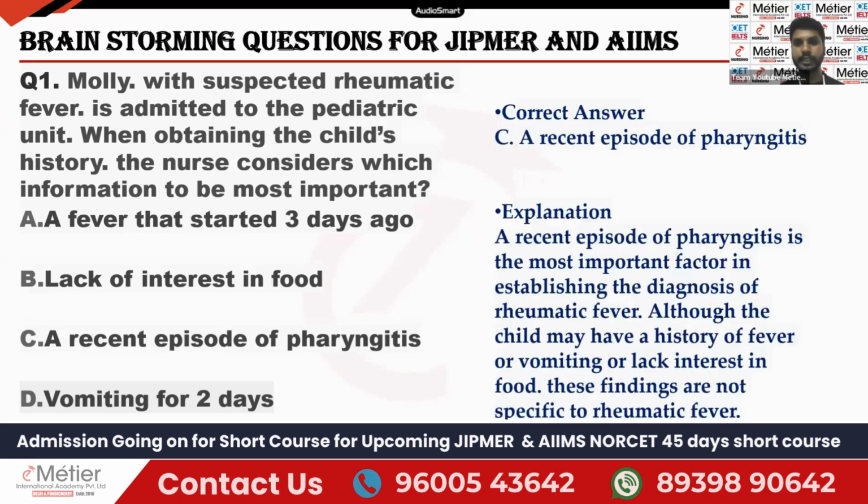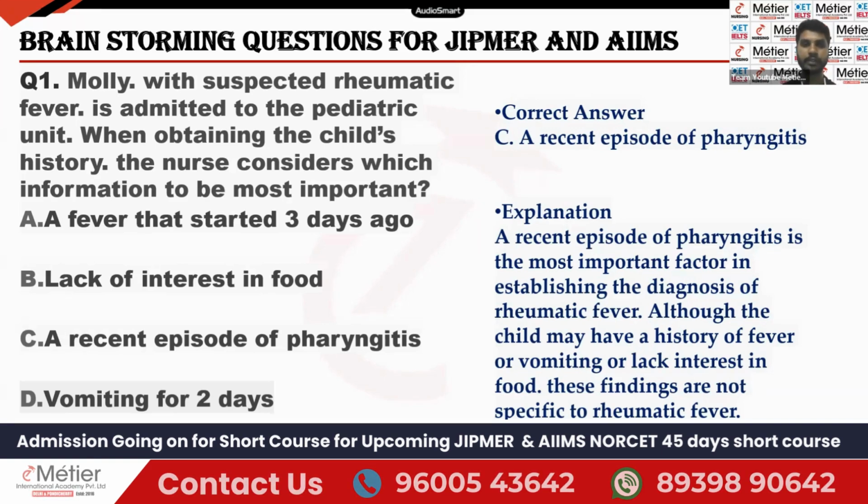The correct option is option C, that is a recent episode of pharyngitis. Everyone knows that rheumatic fever is caused by beta hemolytic streptococcus. So through the pharyngitis, the child can get rheumatic fever. So the nurse has to get the information from the parents regarding the recent episode of pharyngitis.